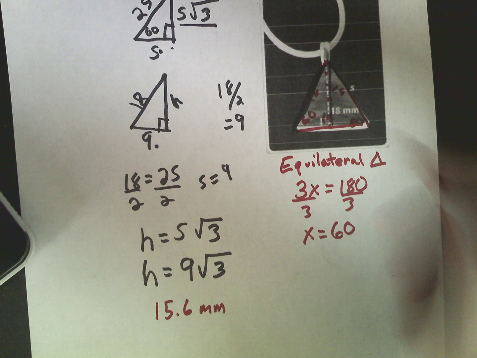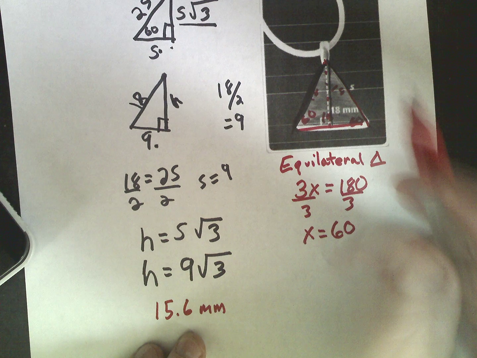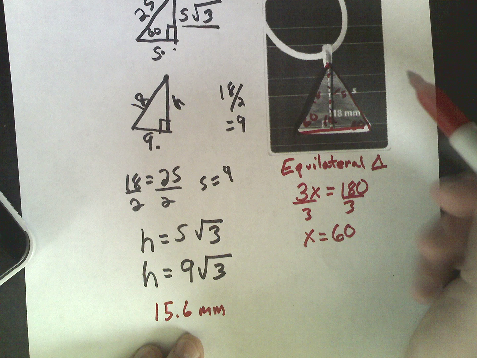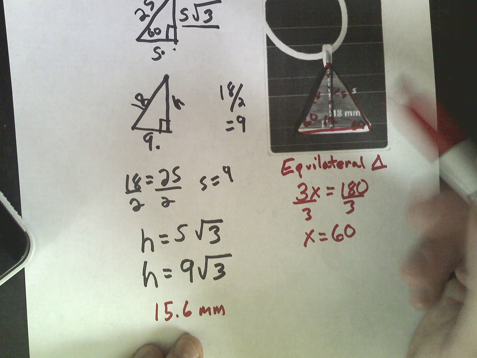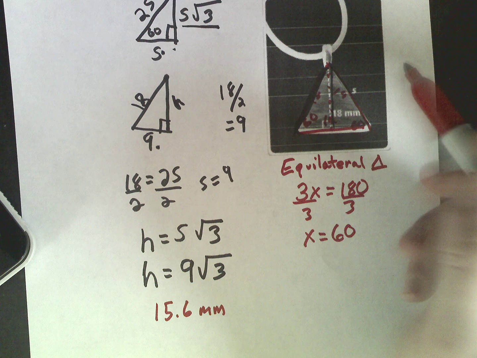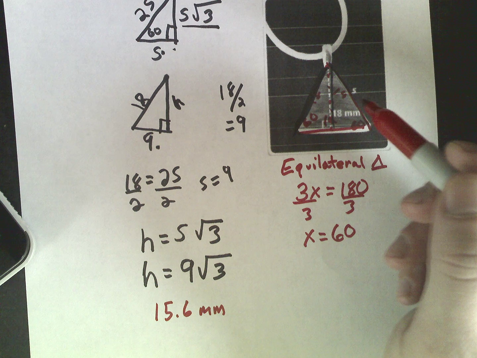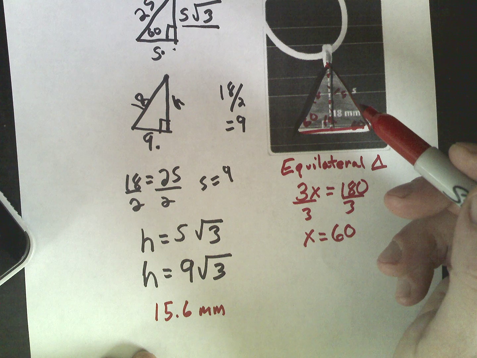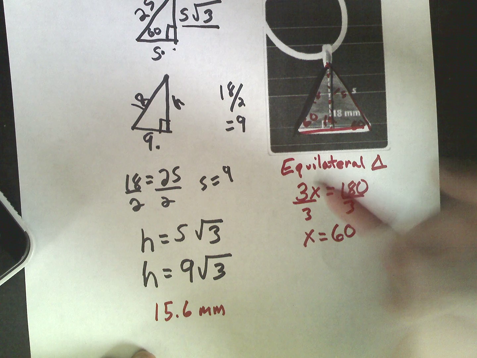Interesting question. I don't like it because I would never think of this as a 30, 60, 90 triangle personally, unless I knew what we were working on. Sometimes you take a hint about what type of topic you're discussing. If I know it's 30, 60, 90 triangles, I know what to look for. Otherwise, I'd probably be a little bit more apprehensive to use this.